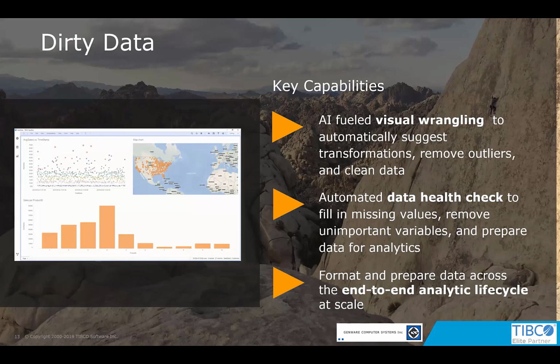We can use it to remove outliers and clean the data. And then we can use the automation capabilities to do data health checks, fill in missing values, and so forth. And then finally, once that data is cleaned, we can export that data or access it directly from TIBCO Data Science if we need to.